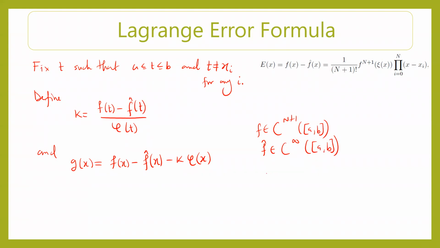So this is a combination of functions from C^(n+1) and C infinity, because k is made up of functions from the same thing, and phi is made up of a polynomial, C infinity. So this implies that g will be at least C^(n+1) on [a,b].